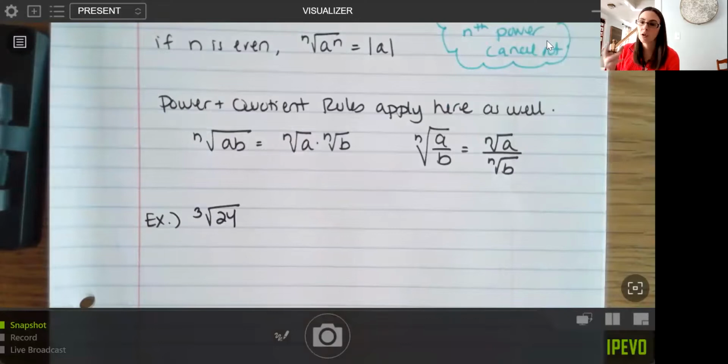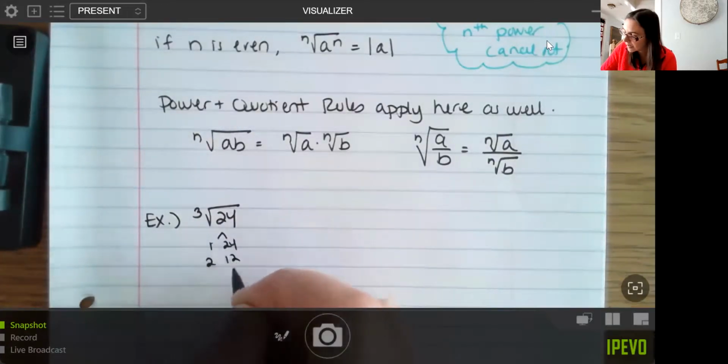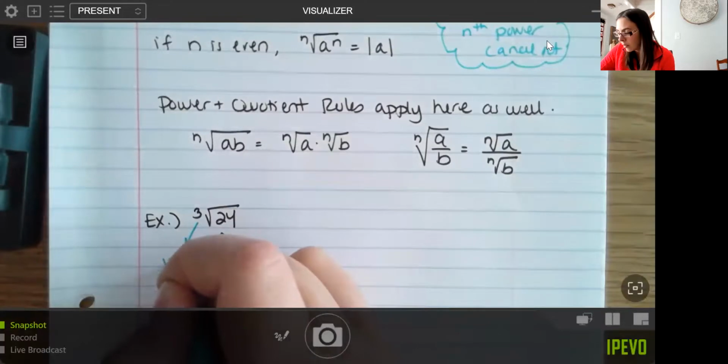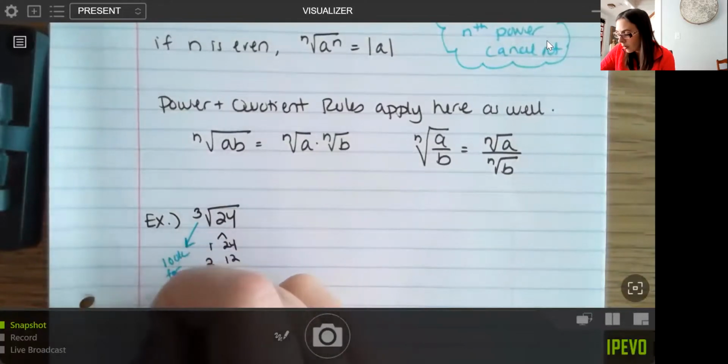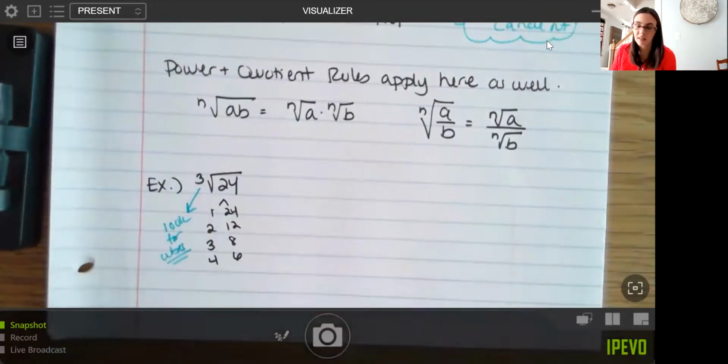So just like with your square roots, we do want to simplify it as much as possible. What you want to do is think about your factors. So I'm going to write out all my factors here. And this time, instead of looking for squares, we're looking for cubes, because my index is 3.